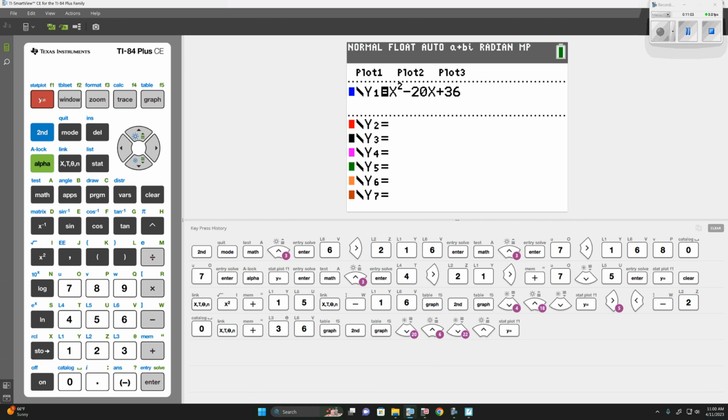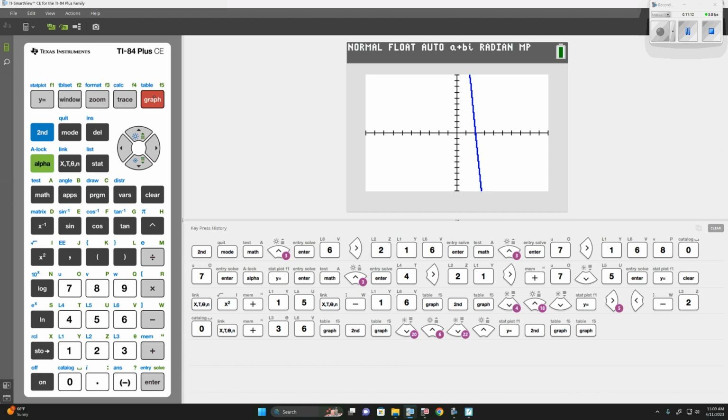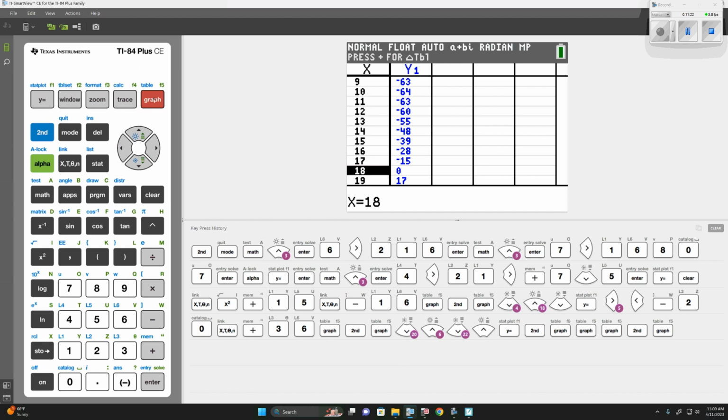So here we can type it in, x squared minus 20x plus 36. When we graph it, we're trying to see what values of x will make the y value be 0. And as we already saw, we found x is 18.